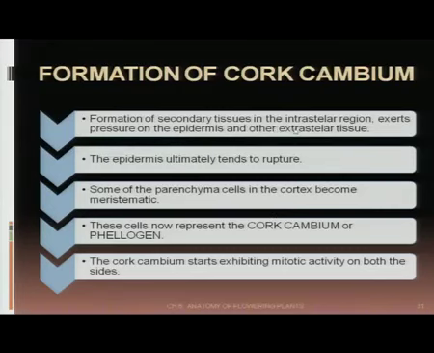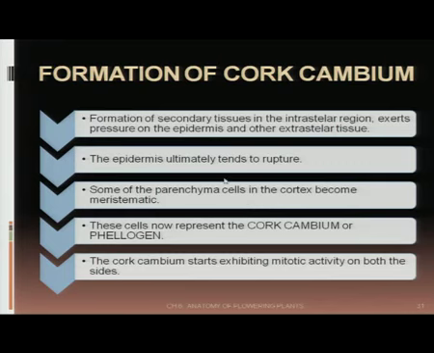Formation of secondary tissues in the intrastelar region exerts pressure on the epidermis and other extrastelar tissue. The epidermis ultimately tends to rupture. Why? Because of so much tissue that has been formed inside. Some of the parenchyma cells in the cortex now become meristematic. Again, how will the parenchyma cells become meristematic?